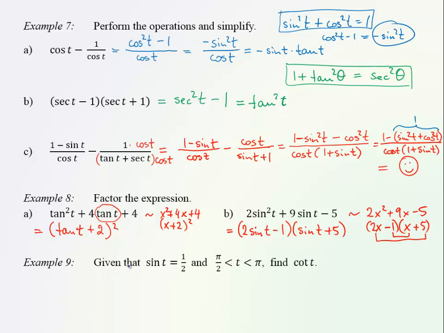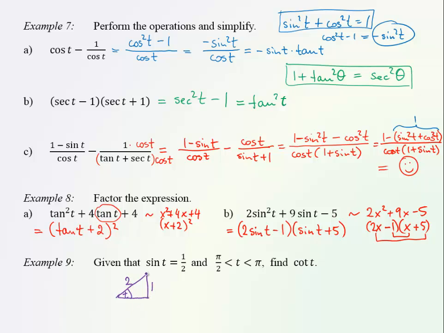In the following example, given that sine t is 1/2 and t is in the second quadrant, find the value of cotangent t. Well, what do we do? Let's model the first equation by drawing a right angle triangle. If this is angle t, the sine of it is opposite over hypotenuse. If this is 1, this is 2.